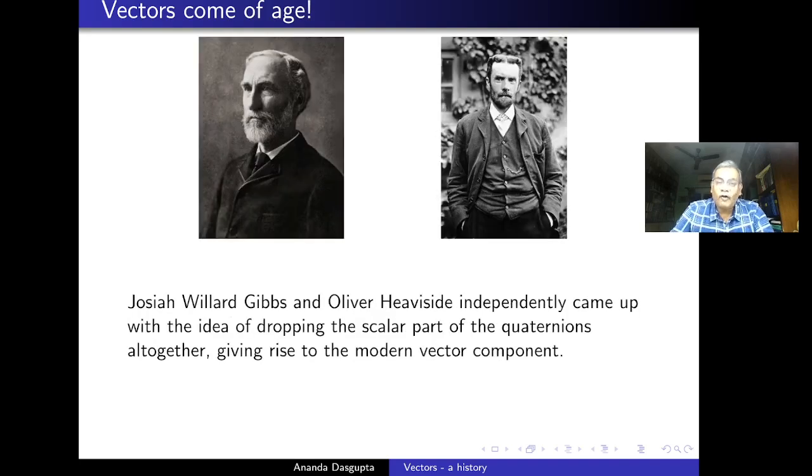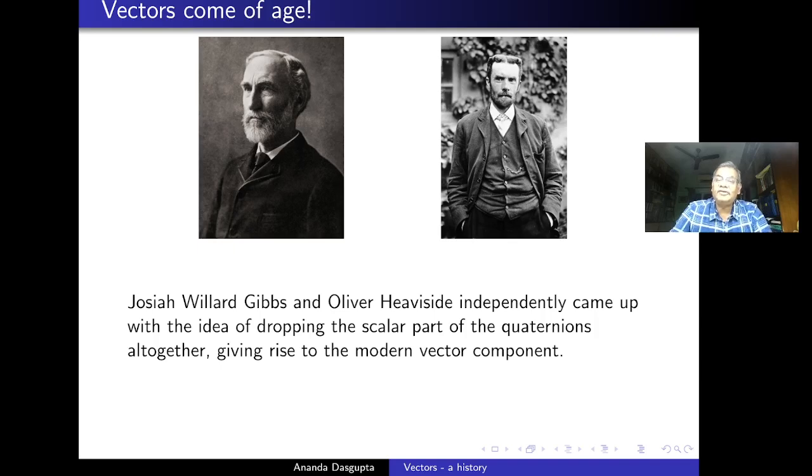Now, two followers of Maxwell, Hamilton, etc., Josiah Willard Gibbs and Oliver Heaviside, independently came up with this idea of dropping the scalar or the real part of quaternions completely, giving rise to modern vectors. So you have just A1i plus A2j plus A3k, no A0 at all.